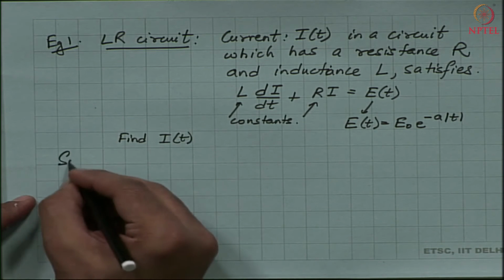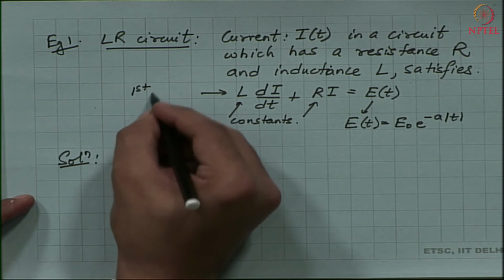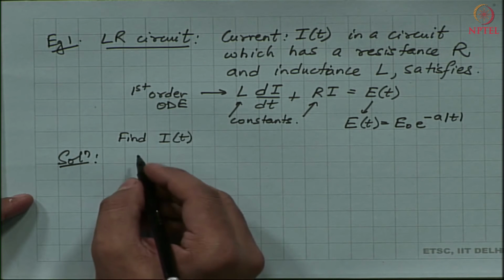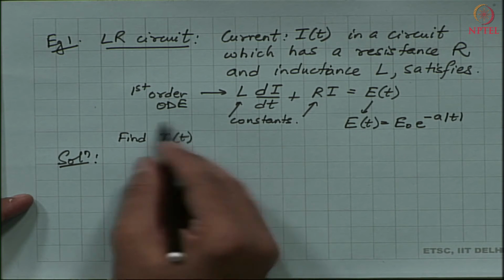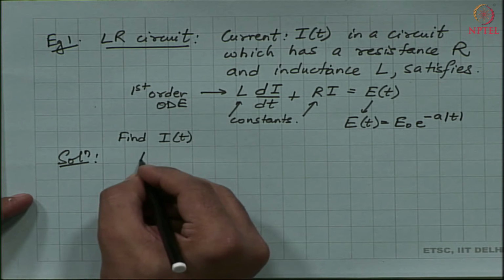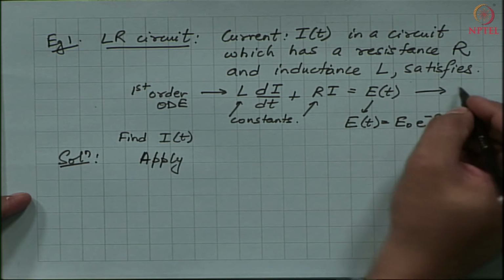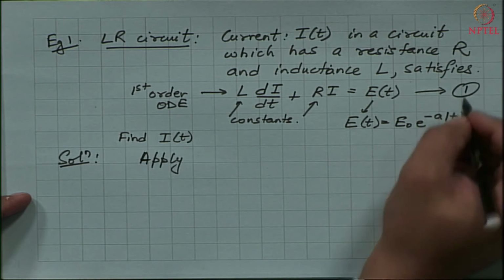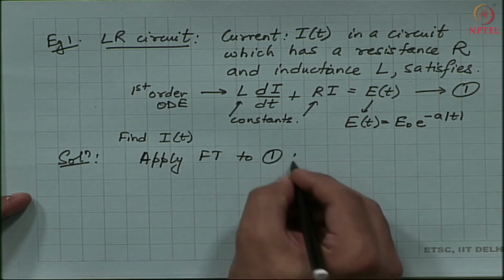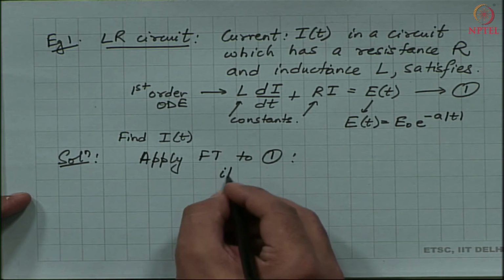So, to find the solution, notice that this is a first order ODE, right. So, once we apply the Fourier transform to this first order ODE, I get the following. Let me call this 1 here. So, apply a Fourier transform to 1 and I get the following algebraic relation.